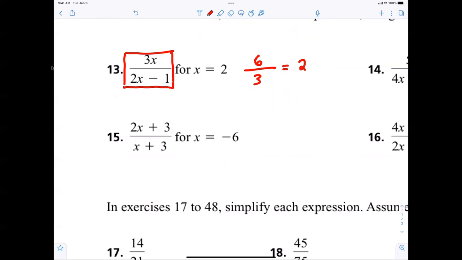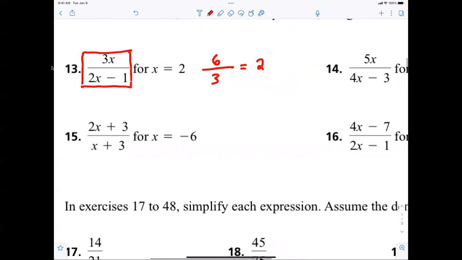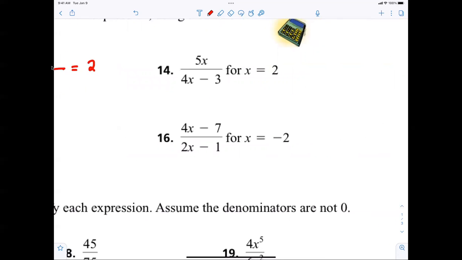So now 14, the numerator is going to be 10 over, and the denominator is going to be 5, which means the answer is 2. Nothing to it. That's all we're doing, plugging the numbers in. That's what's meant by evaluate the expression.